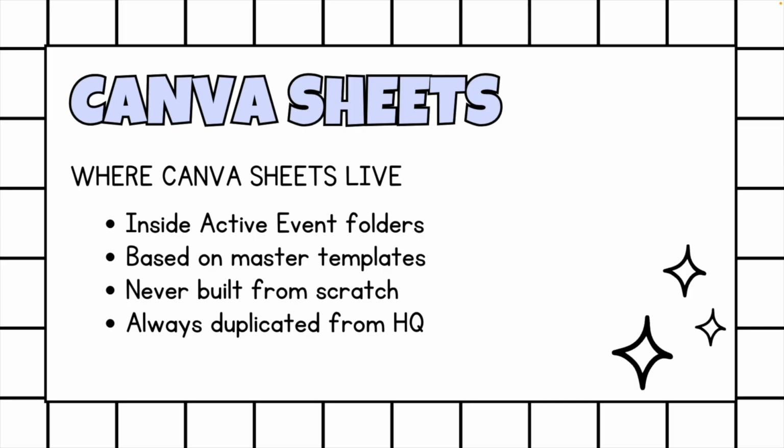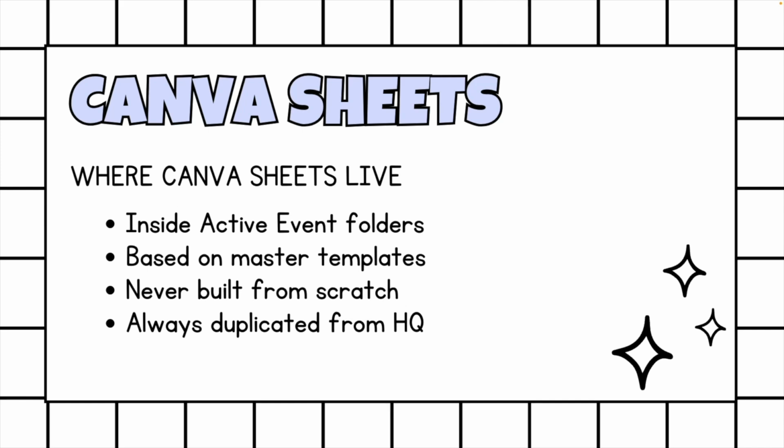With Canva Sheets, we're not going to start from scratch. We're going to identify those templates, whether they're on Canva already, that you can browse through their template library, or something you build from scratch, right? But the point is to build stuff that can be duplicated from that master template folder, right?